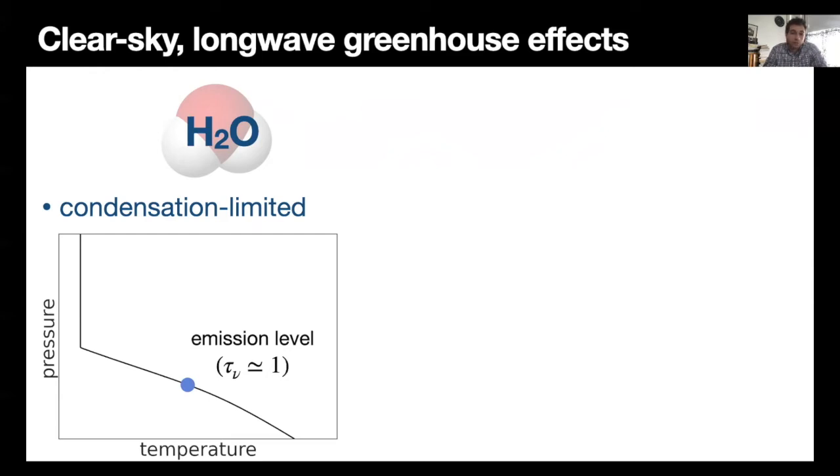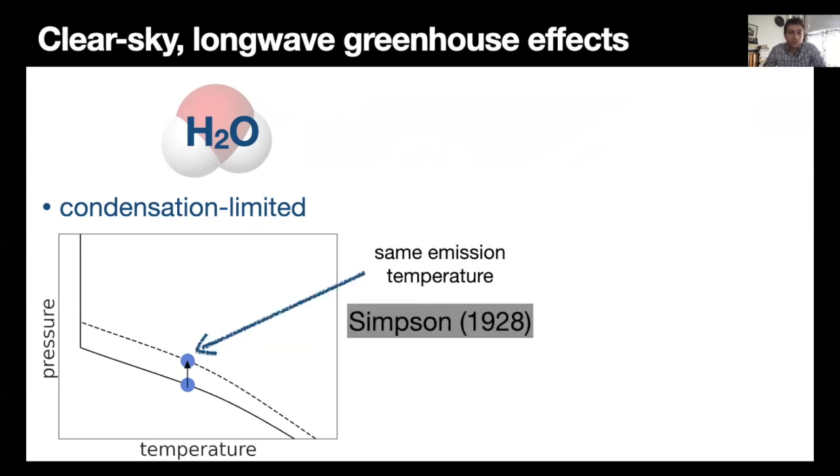And so that means that once a wave number is optically thick with H2O, its emission level, or the level where the optical depth is around 1, occurs at an approximately fixed temperature. So you warm the surface, but you still emit to space from the same temperature. Essentially, you've decoupled the OLR from the underlying surface temperature. And this was realized a long time ago in the 1920s by Simpson.